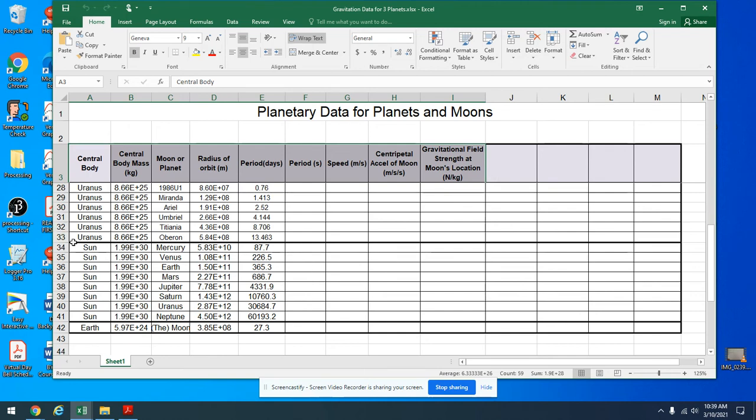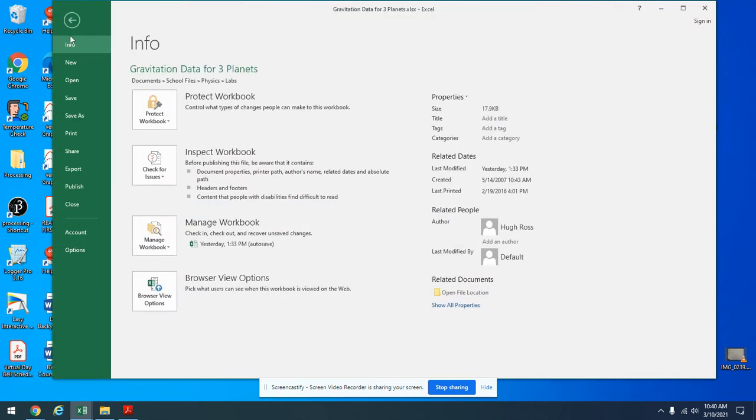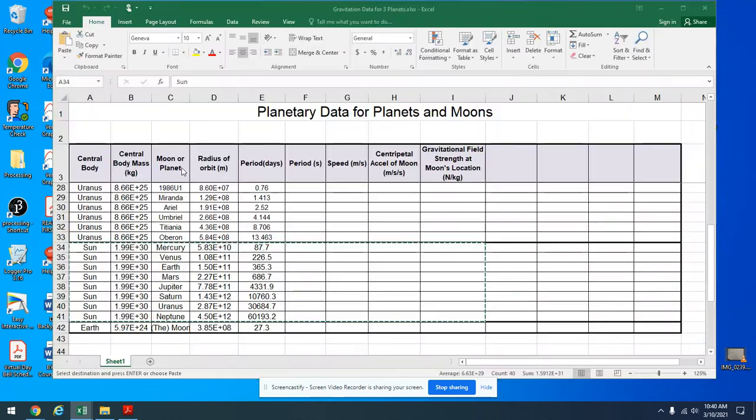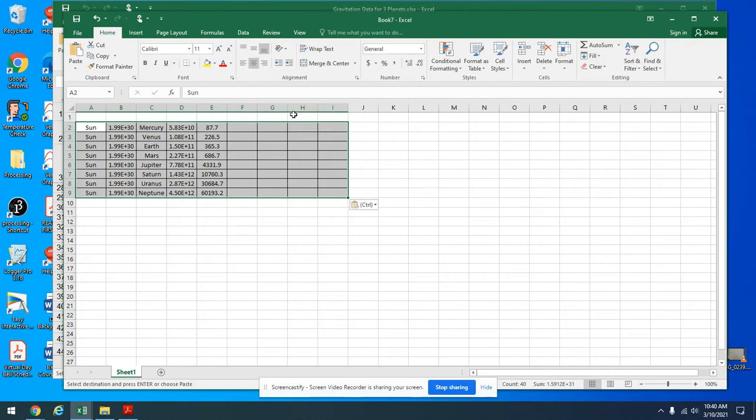First thing we're going to do is I am going to cut and paste this into a new spreadsheet I'm going to mess with. You can do this in Google Sheets as well. Everything works the same, I think, in terms of all the little tricks.